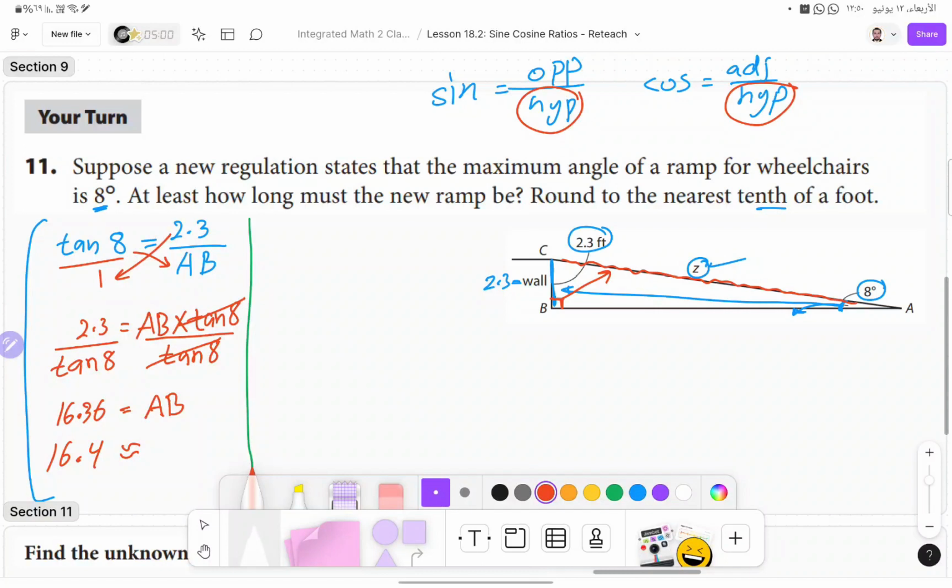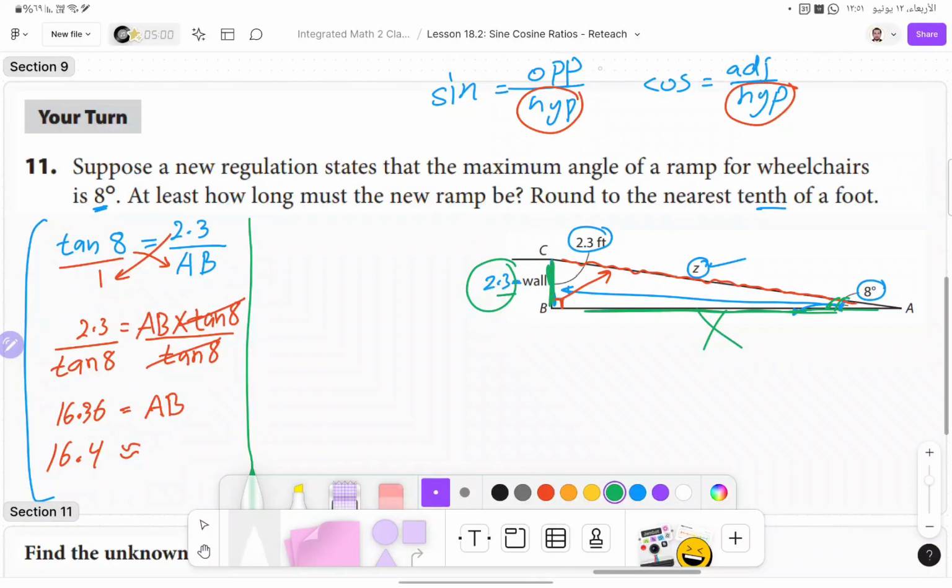But now look at the question. Did the question give me the adjacent side related to the given angle, or did it give me the opposite side? If you look here, the question gave me the opposite side. He did not give me the adjacent side.